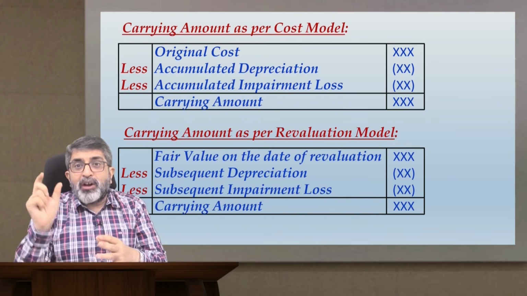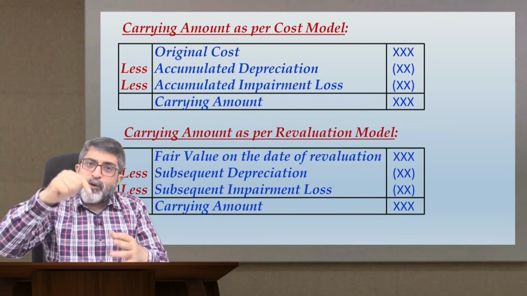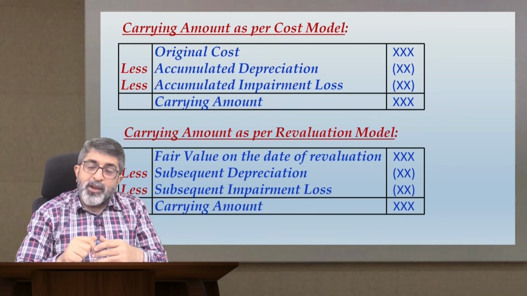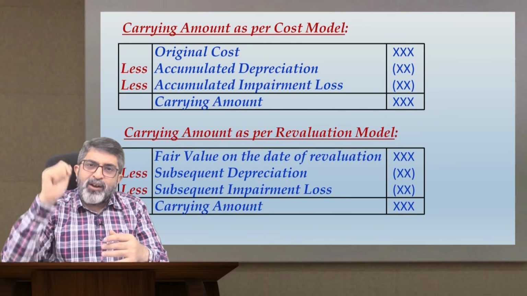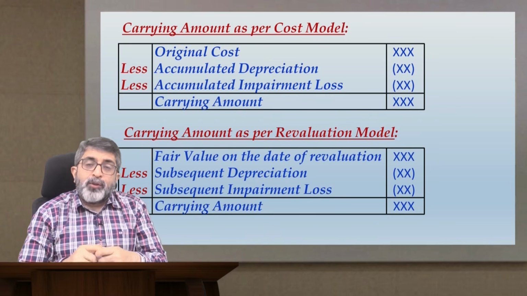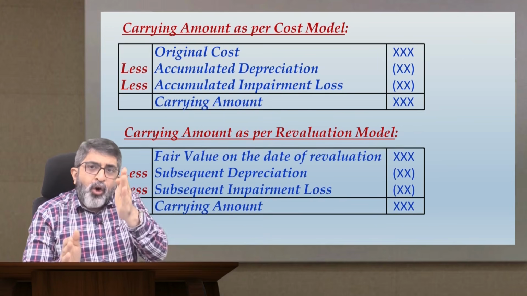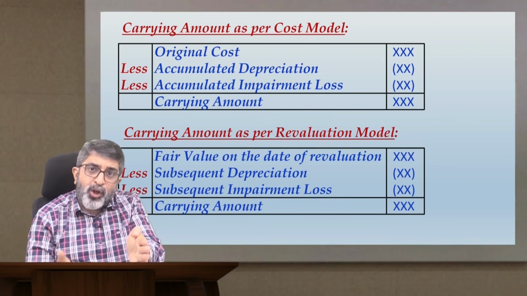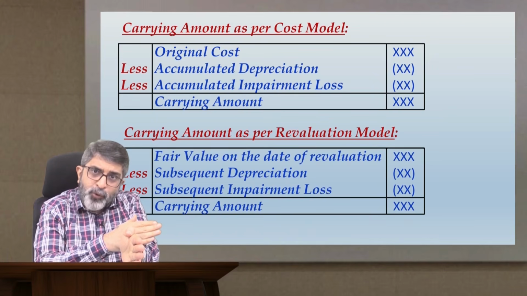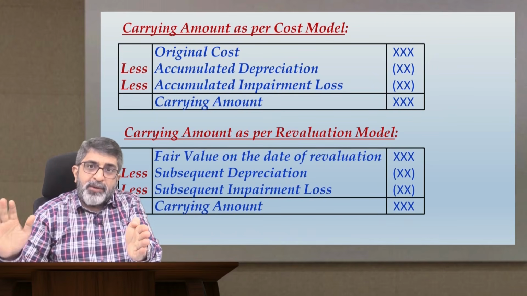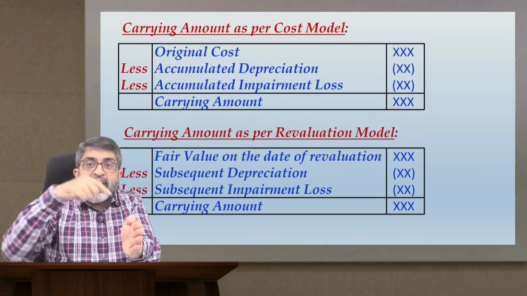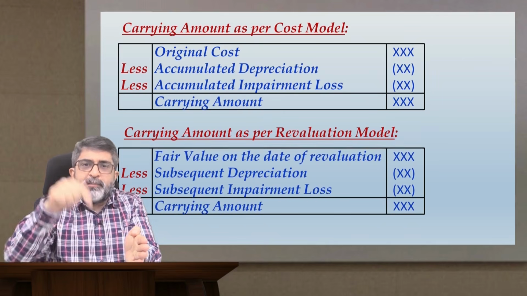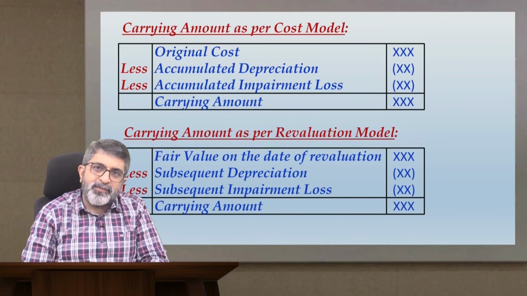Then your last revalued amount was end of 2024, but you are now reporting the asset at end of 2025. So all the depreciation and impairment losses prior to 2024 end are irrelevant, but the subsequent depreciation and subsequent impairment losses you need to consider.